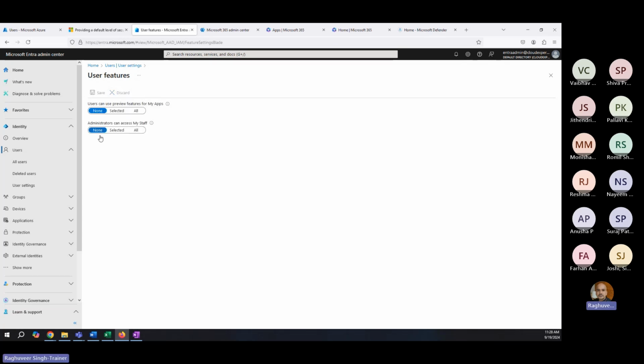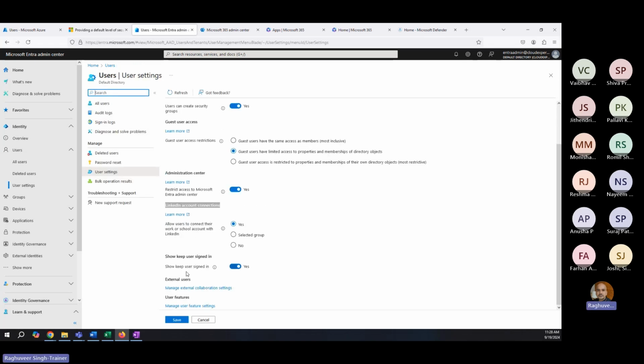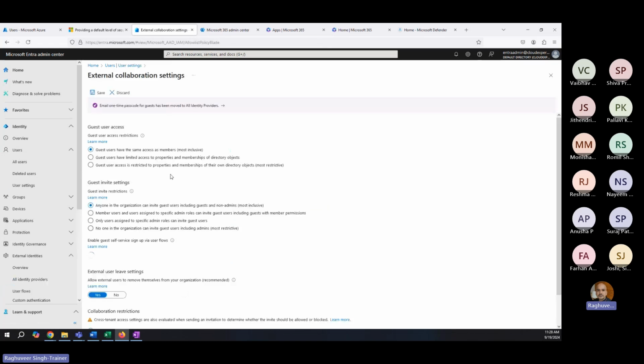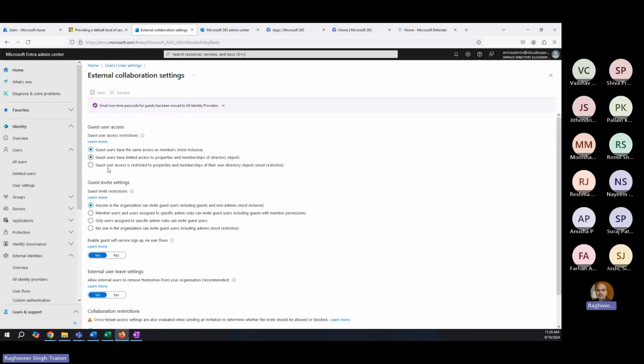I'll discard it. Now let's come to the previous page, which has the important setting here, which is manage external collaboration settings. Along with the lab, if there is any additional setting that I feel you should be aware of, I'm actually explaining that as well. So you will see some information that was already there in the previous tab.